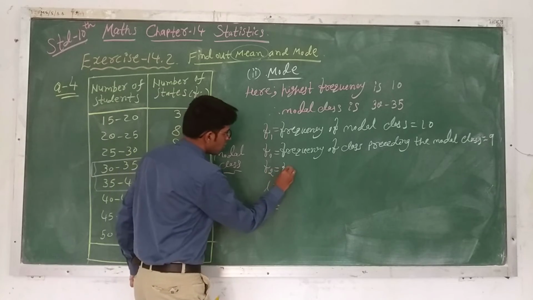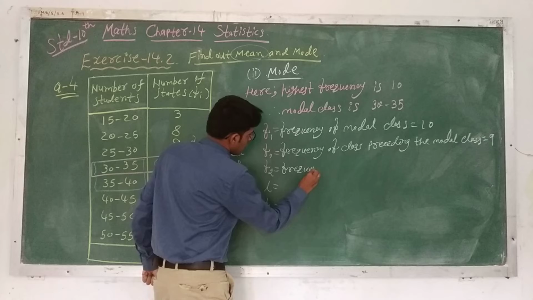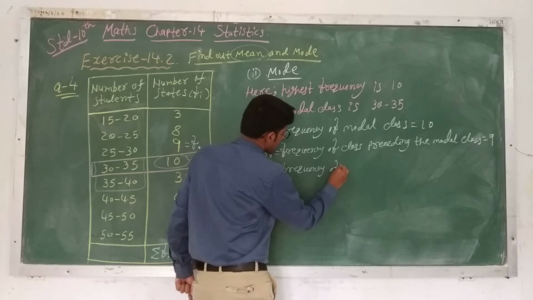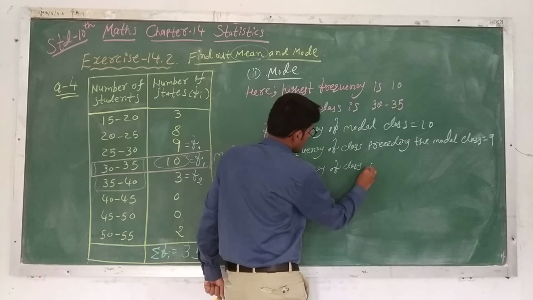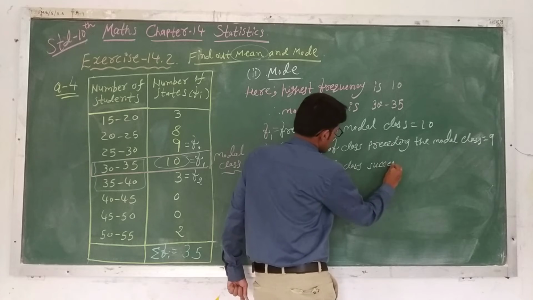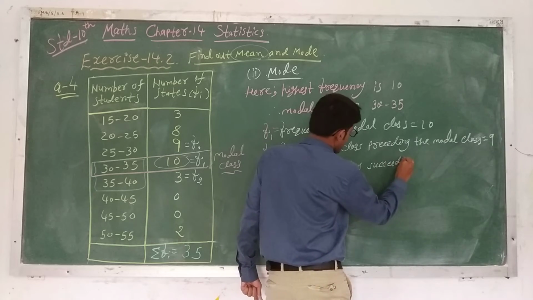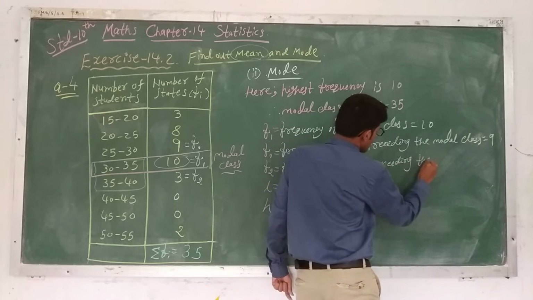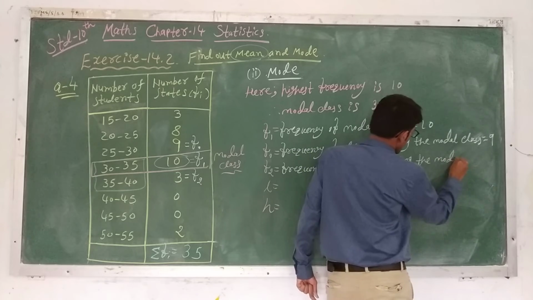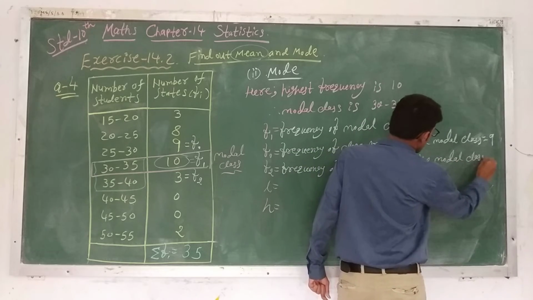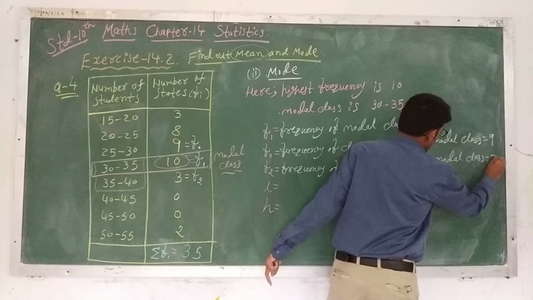So the frequency of the class succeeding the model class is equal to 3.